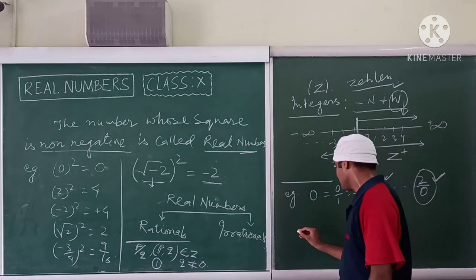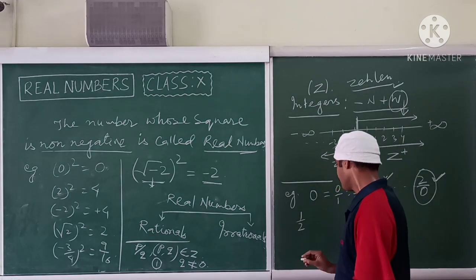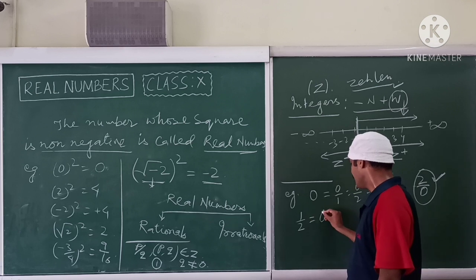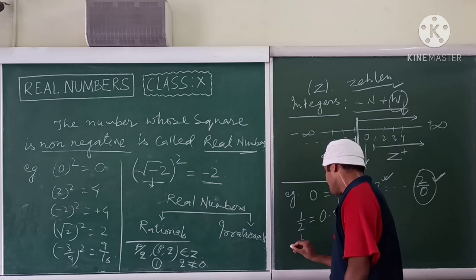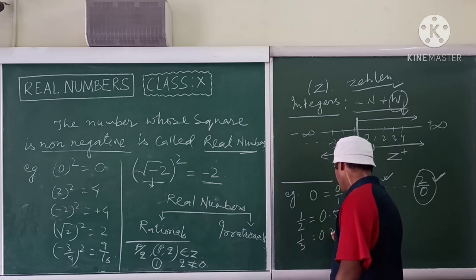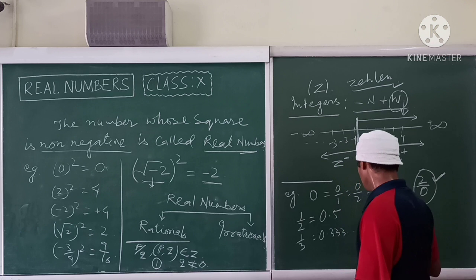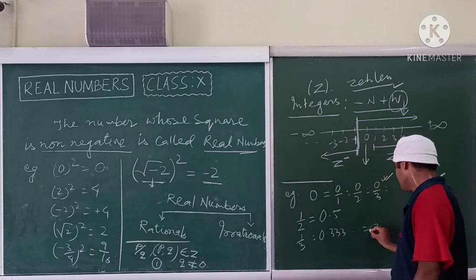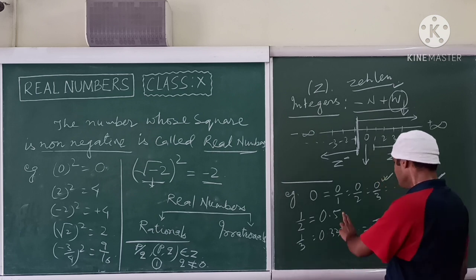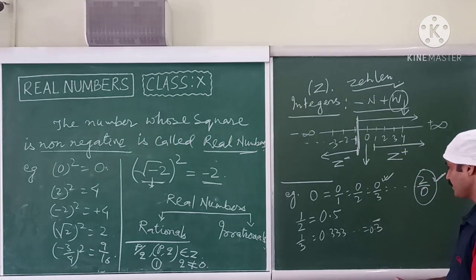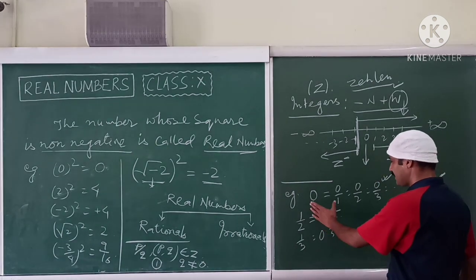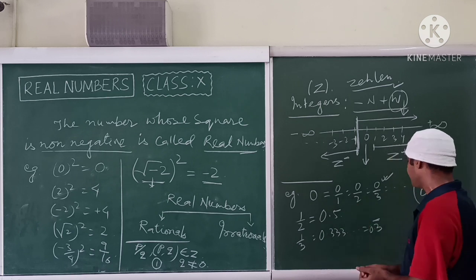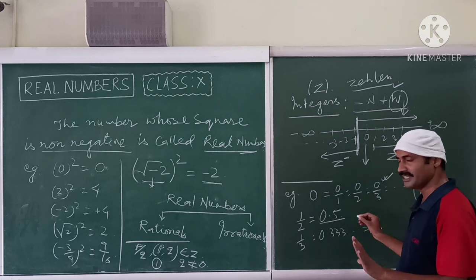See another example of a rational, 1 by 2. If you divide, you get 0.5. Suppose you take 1 by 3, then this is 0.3333 and so on, written as 0.3 recurring. So we get two types of rationals. One is terminating: when 1 is divided by 2 we get 0.5, which is already terminated.